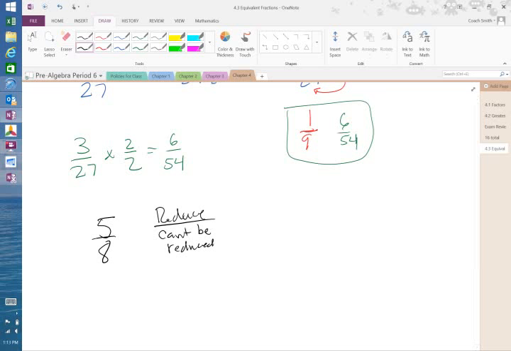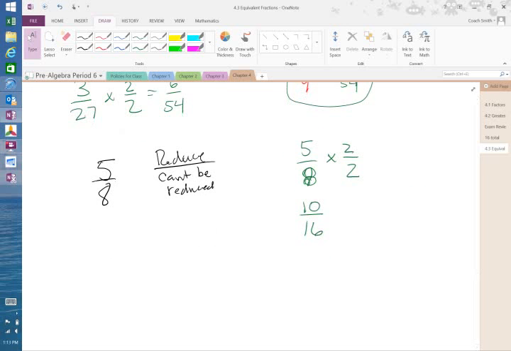All right, now, it can't be reduced, so I've got to take 5/8 and multiply it by, the first thing we're going to multiply it by is 2 over 2, because that's what we've said to increase the fraction. That would be 10 over 16. That's the first one. Then, since it won't reduce, I've got to have another fraction.